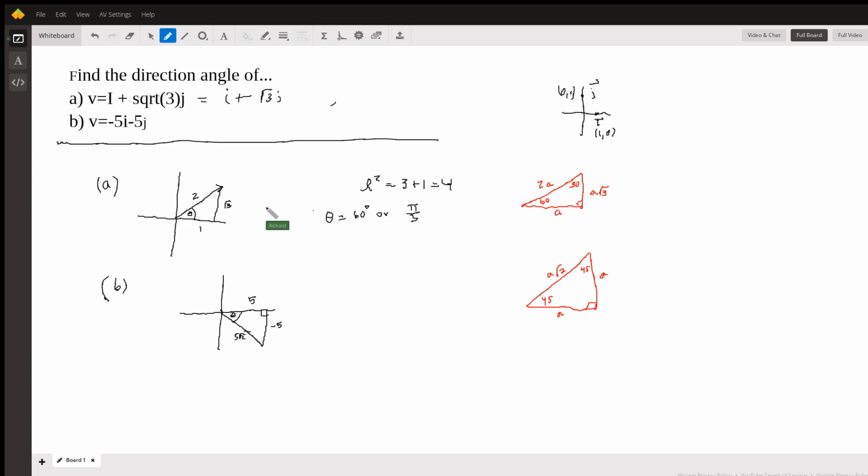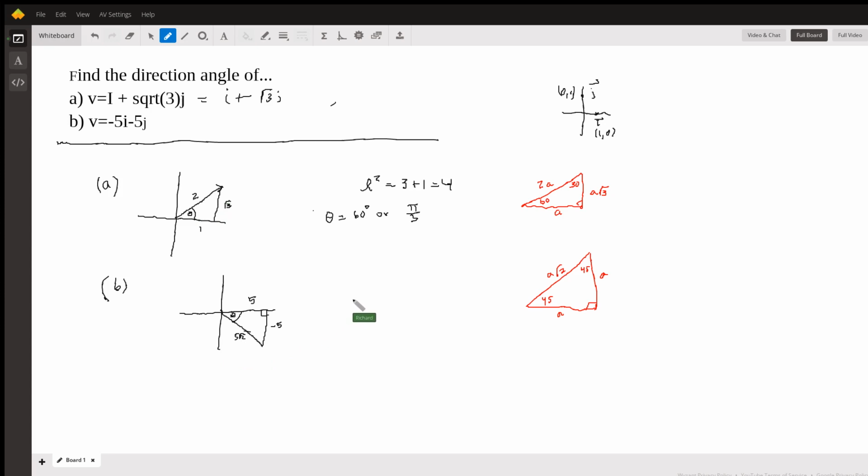This is called the magnitude of the vector. So when we're in vector world, this is called the magnitude. So this vector would have a magnitude of 2, but it's really just the Pythagorean theorem, and it really is just length. And then this would have a length of 5 root 2. So this has a length of 2, or magnitude of 2, and this has a magnitude of 5 root 2.